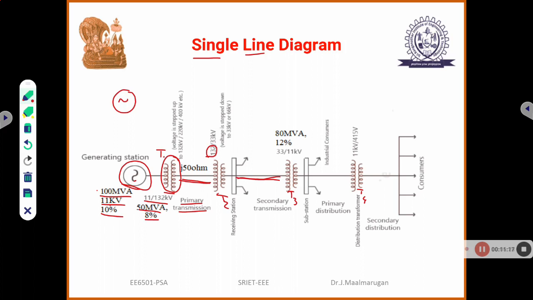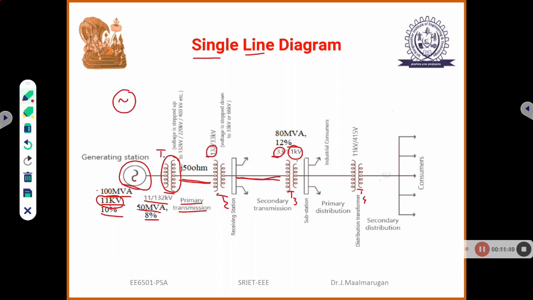Here 33 kV is received and again converted to 11 kV. Here we generated 11 kV, and here we finally receive 11 kV. Due to the lossless transmission system, we step up 11 by 132 kV, and again we receive 11 kV.